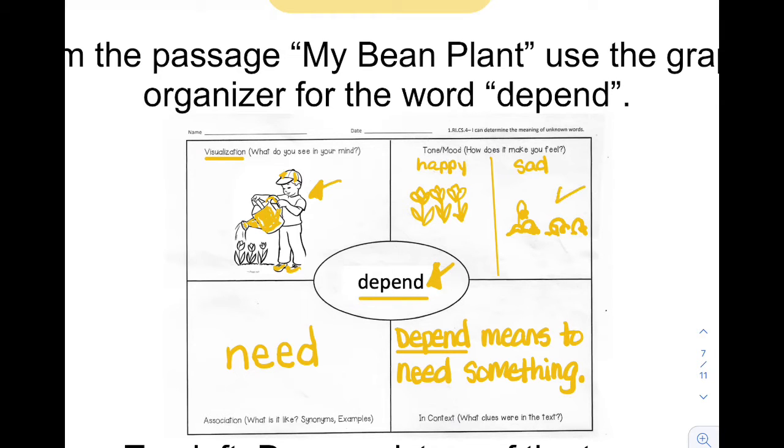Next, you're going to draw pictures and write words, or write words, whichever you prefer, as to how this word makes you feel. And for me today, I chose happy and sad, because if I watered the plants as I should, I would be happy because they would be healthy and look like this.